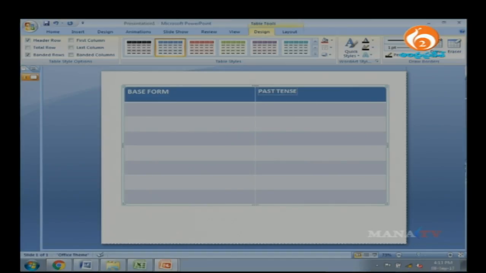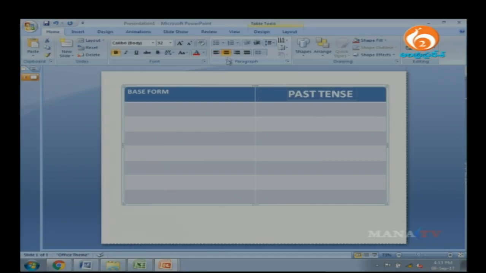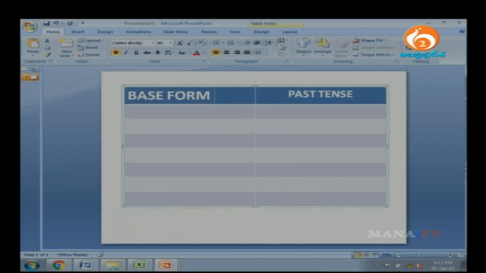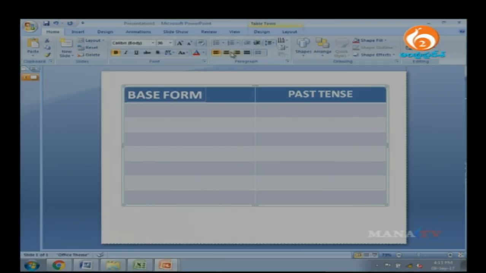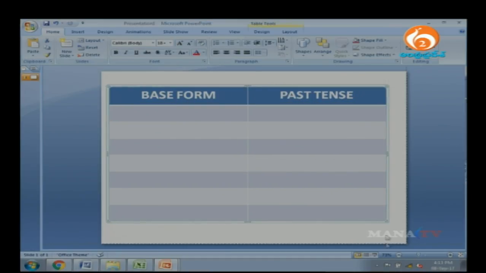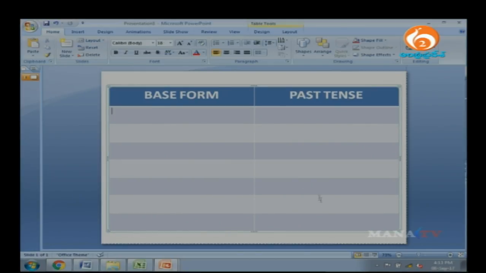So I'm going to mention the base form as well as the past tense form. Okay. Let me expand this a little bit. Those who are watching on television or those who are watching on YouTube, it will be easier for you to view this. All right.